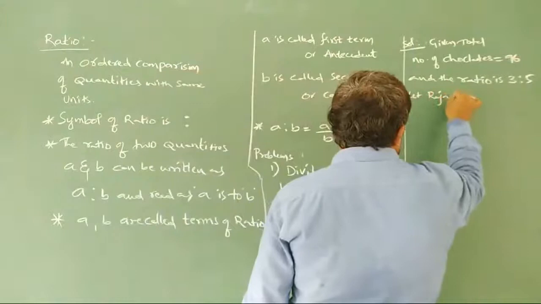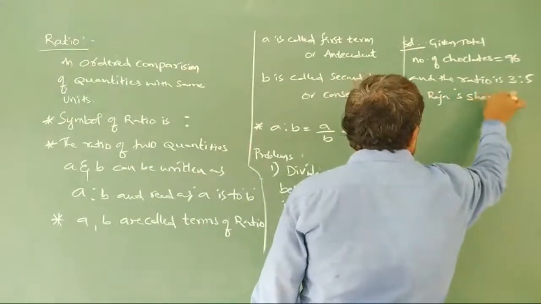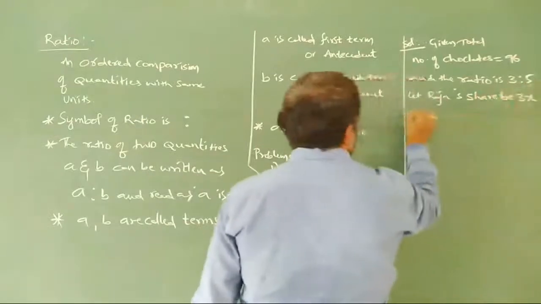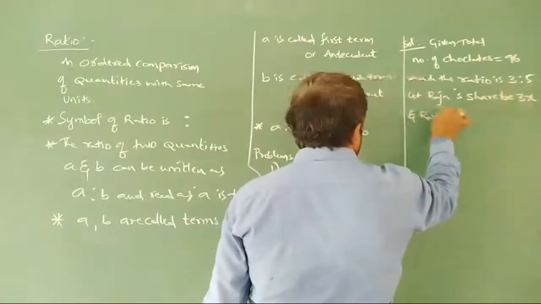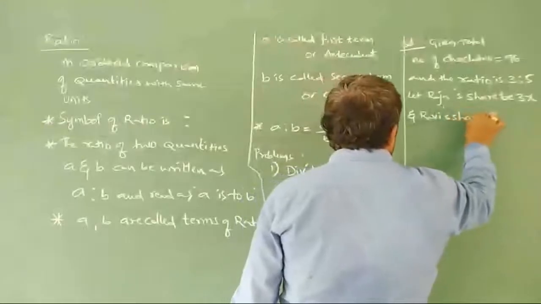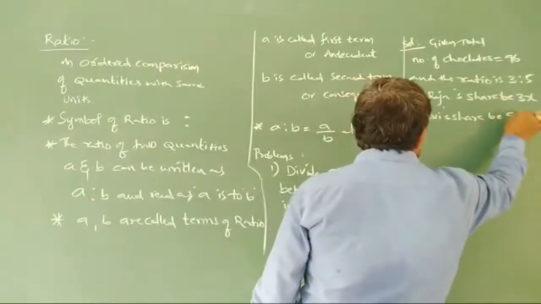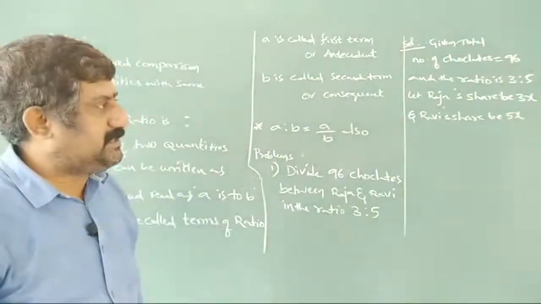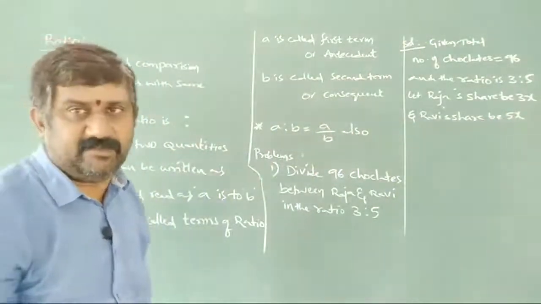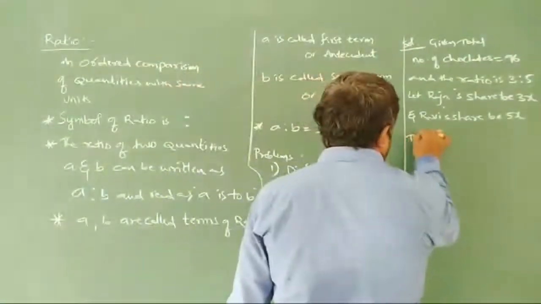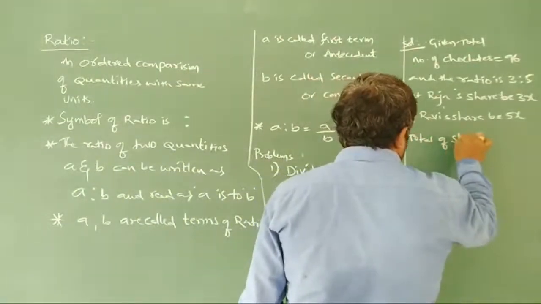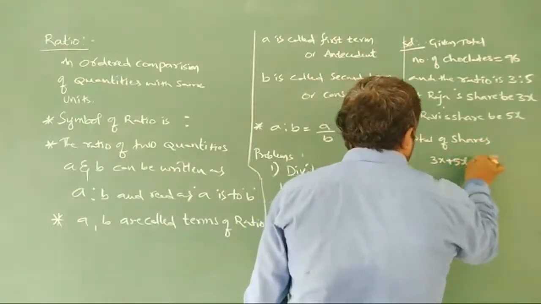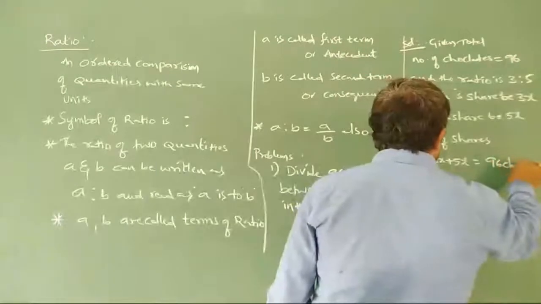Let Raja's share be 3x and Ravi's share be 5x. Given the ratio 3:5, Raja's share is 3x, Ravi's share is 5x. So the total shares are 3x plus 5x. But how many chocolates? 96 chocolates.